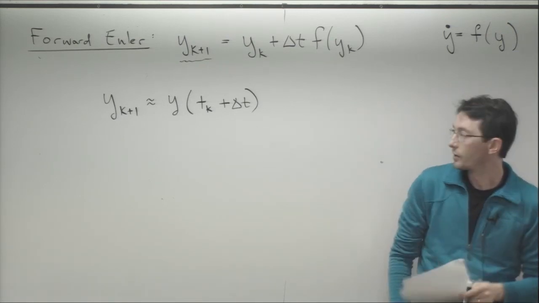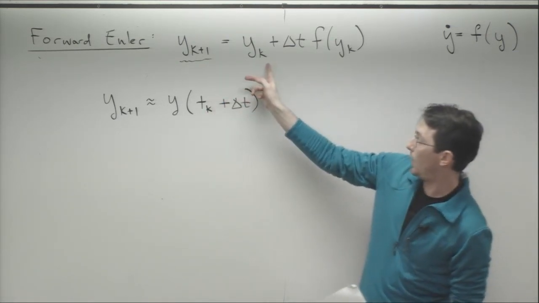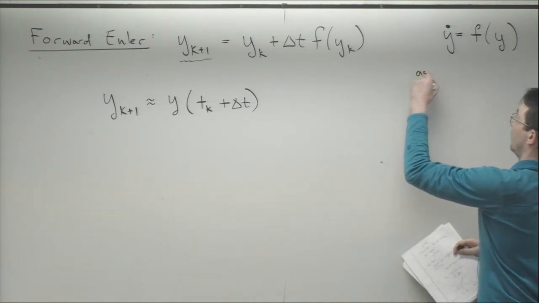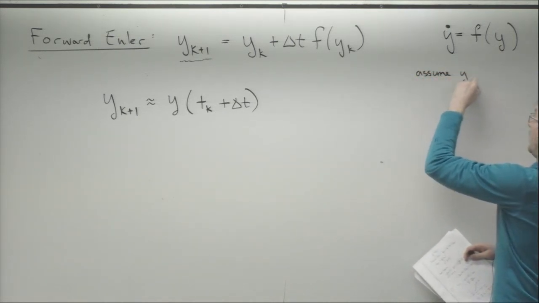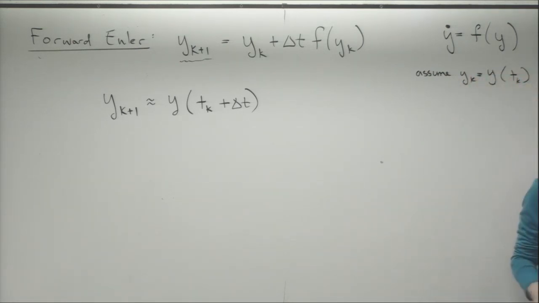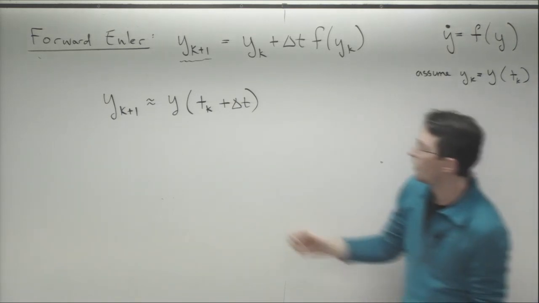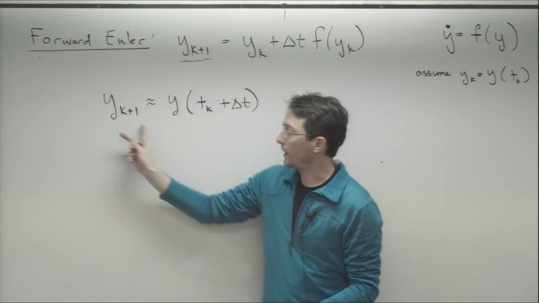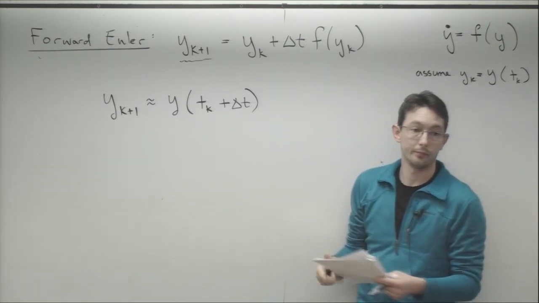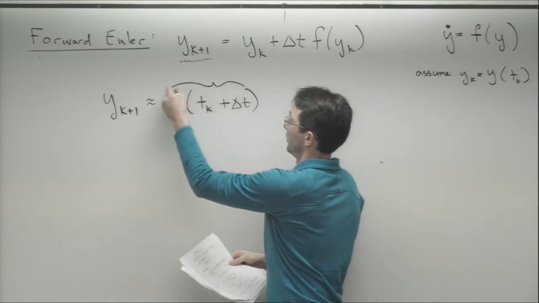Okay? So we're going to assume for the moment that yk equals y of tk. And so yk plus 1 is y at tk plus another delta t. We're stepping delta t forward every time we advance this. Okay, so our finite difference estimate yk plus 1 is approximating this true solution. So I'm going to write this as the true solution.